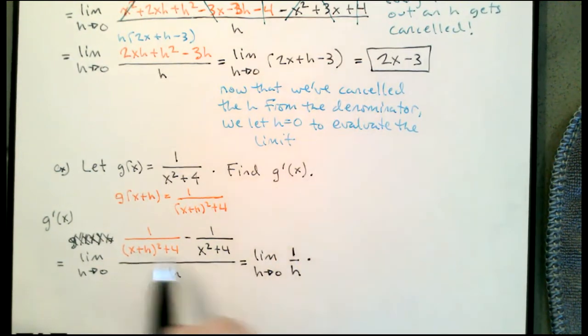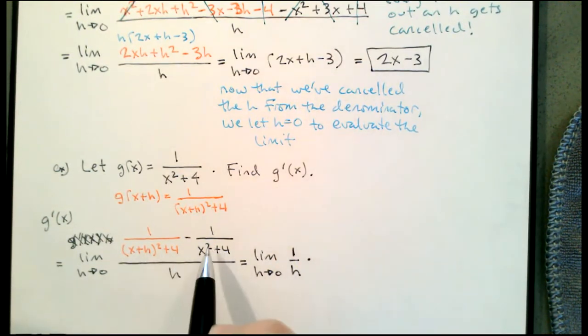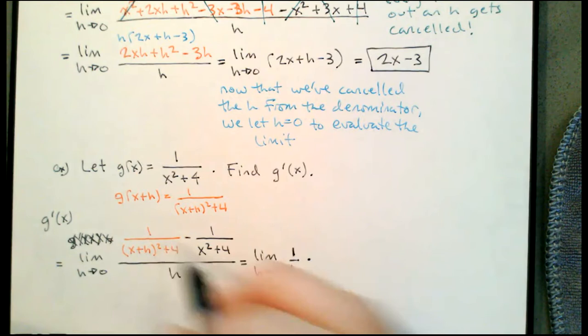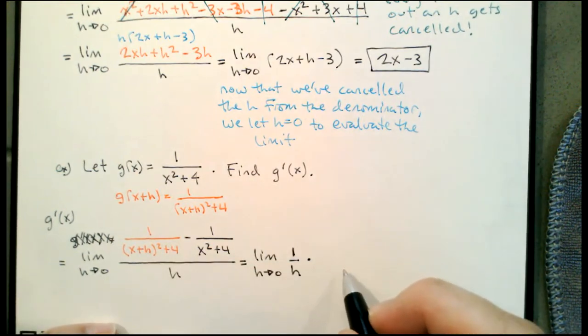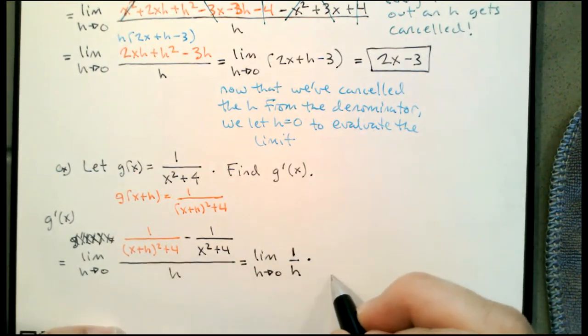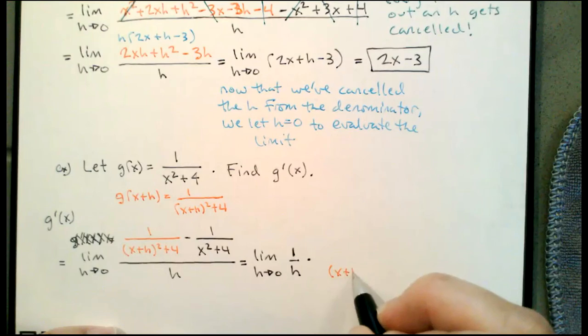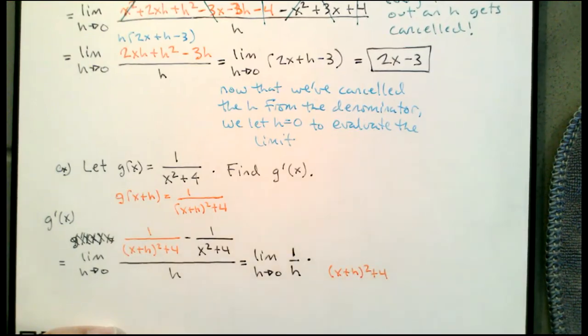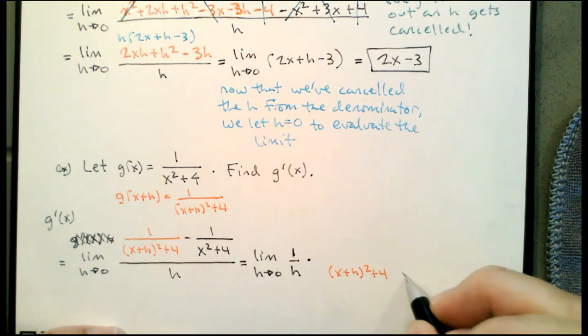And I'm going to get a common denominator for these two fractions. So this first fraction is missing an x squared plus 4. So the first fraction is going to end up being, well, our two factors are going to be an x plus h squared plus 4 times x squared plus 4.